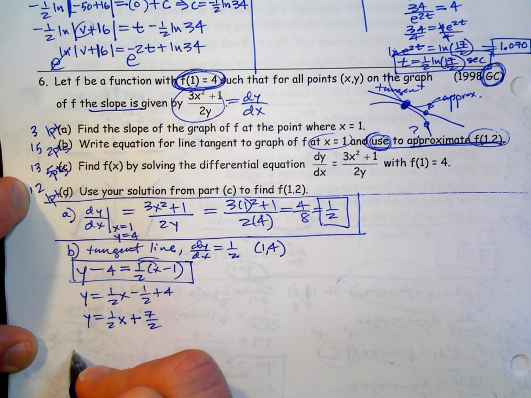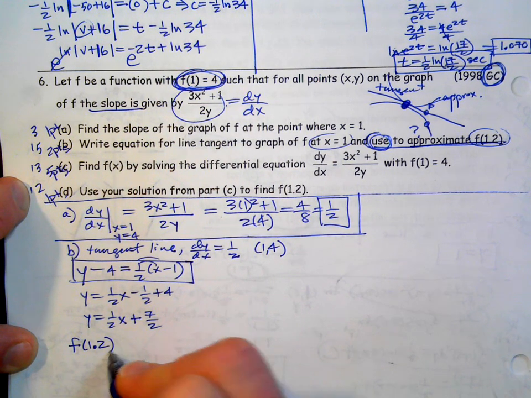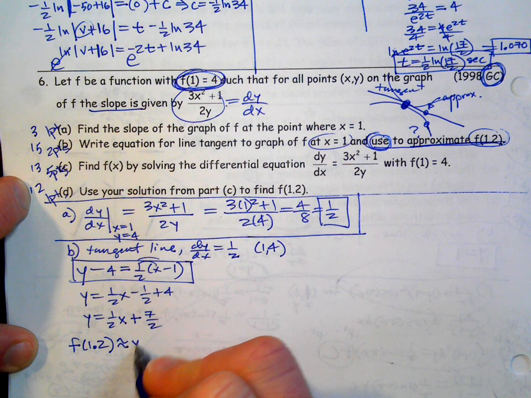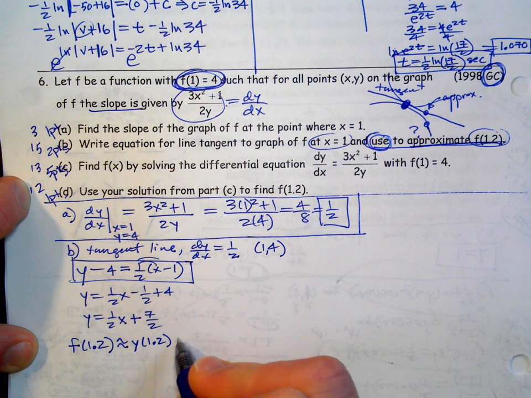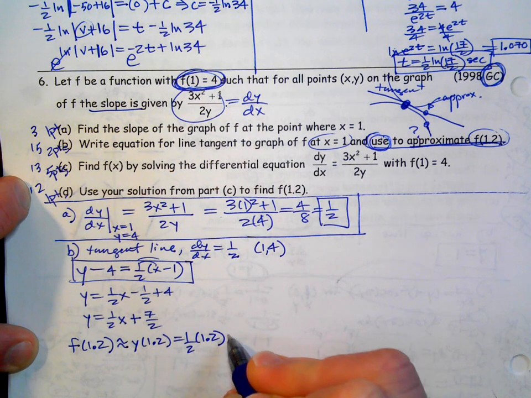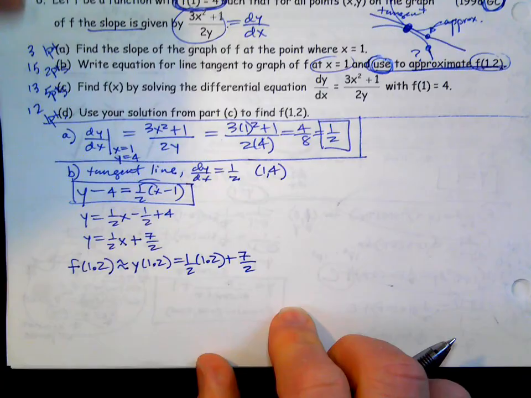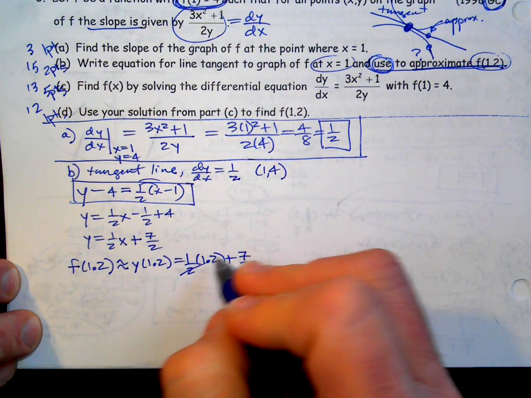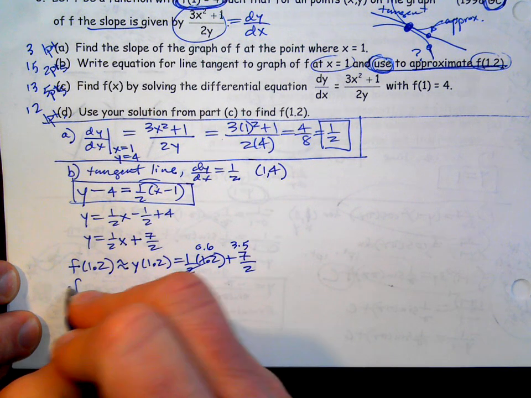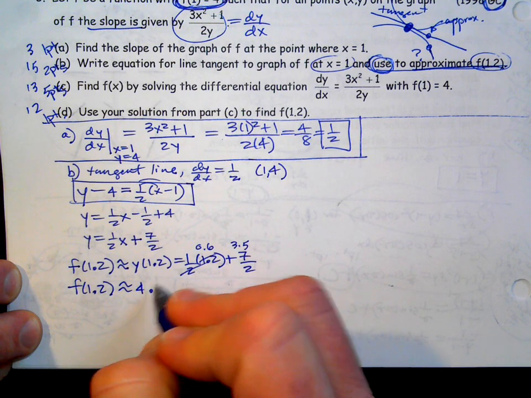Okay, and so we're going to say, all right, well, f of 1.2 is approximately our equation at 1.2. 1/2 times 1.2 plus 7/2. Now, you do have a calculator here, but I feel like I could pull this off. This is 0.6. This is 3.5. So f of 1.2 is approximately 4.1.